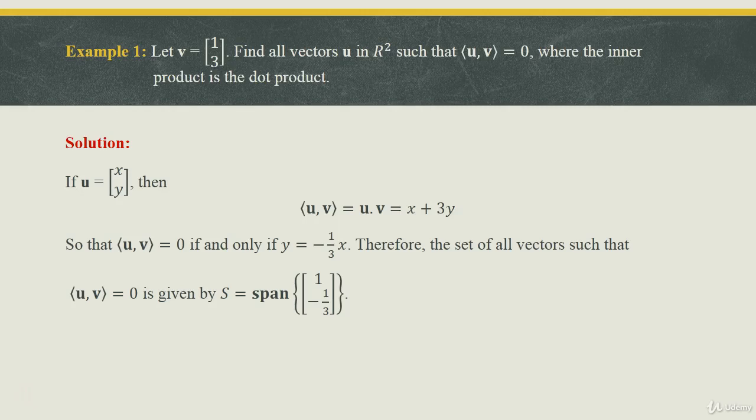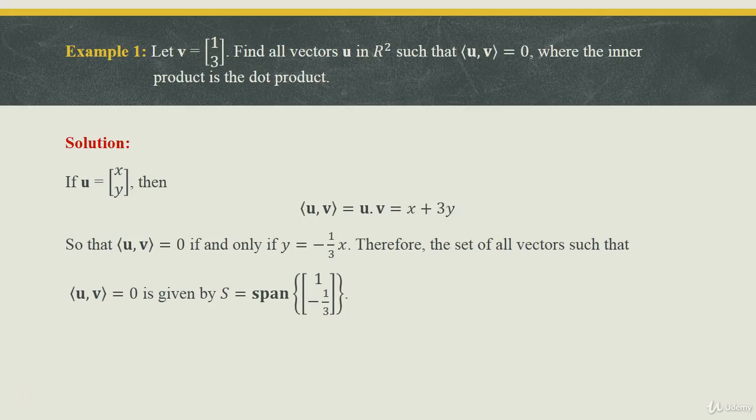Now the solution is, if U is equal to the matrix X, Y, then the inner product of U and V is equal to U dot V, which is equal to X plus 3Y.